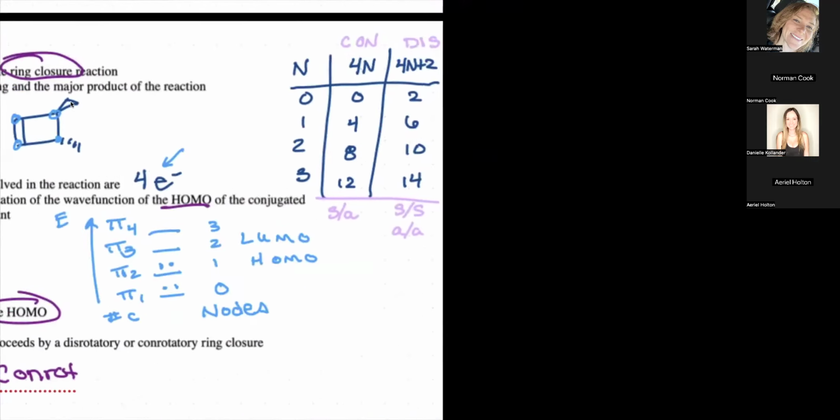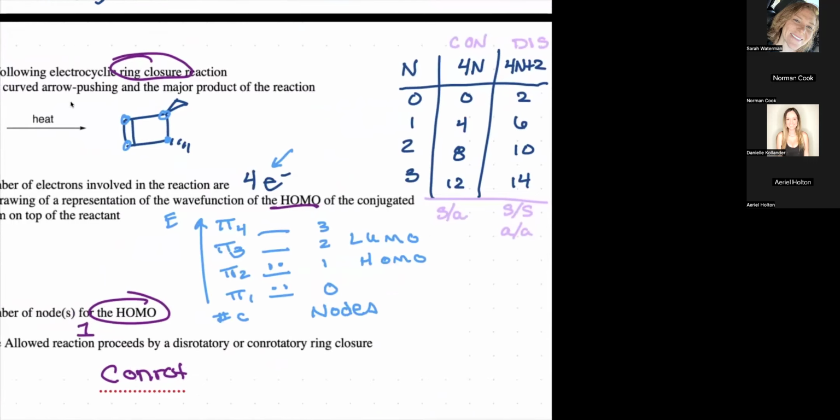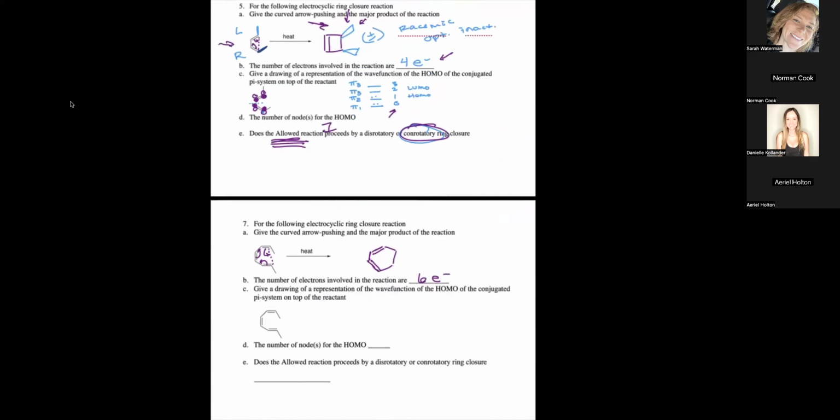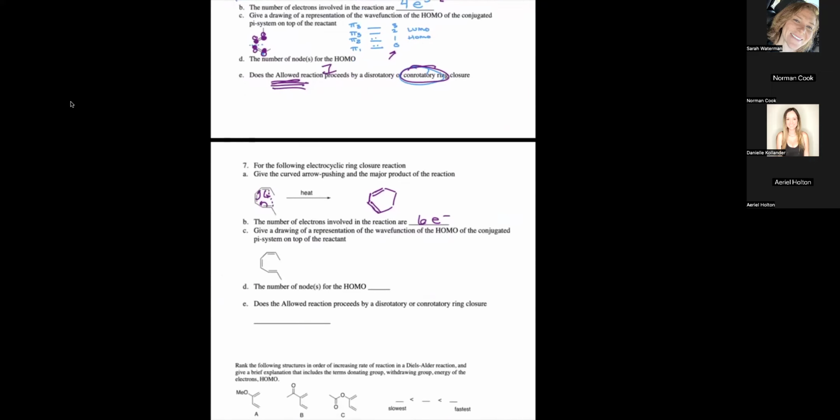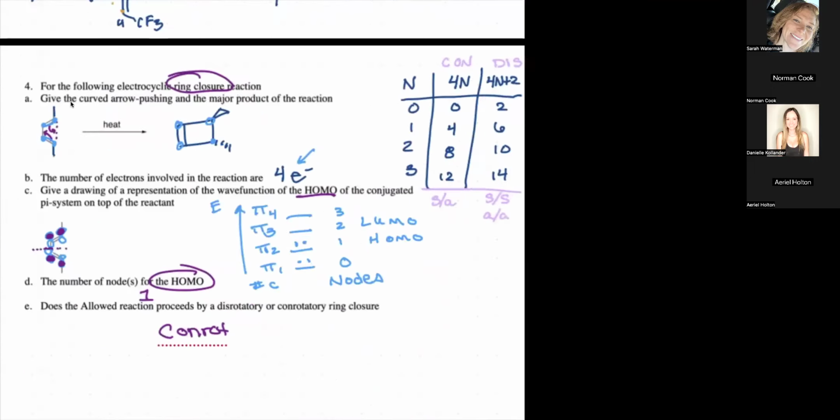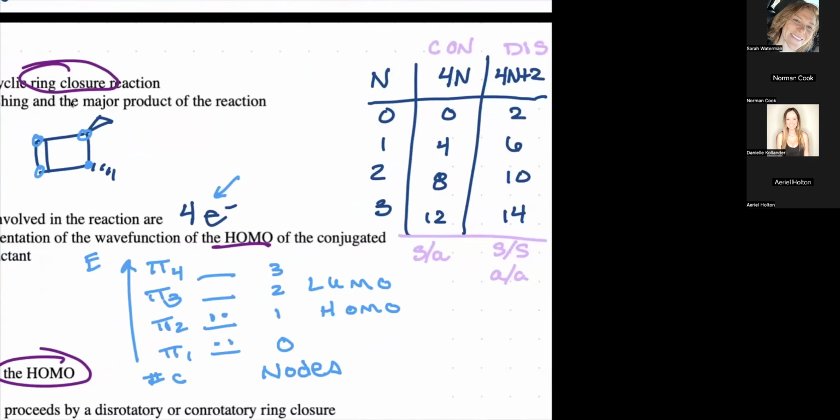So is this conrotatory or disrotatory? Disrotatory, right? We have that chart, or we just have that memorized. This is just something that you should know. I don't think you'll get this chart. Conrotatory is 4N, and it's the suprafacial.